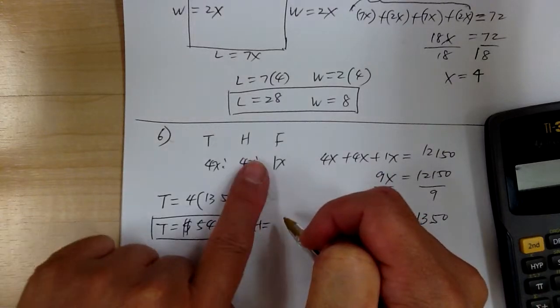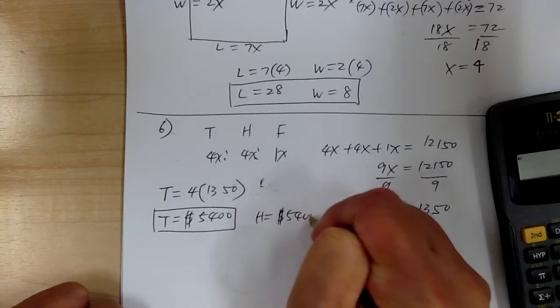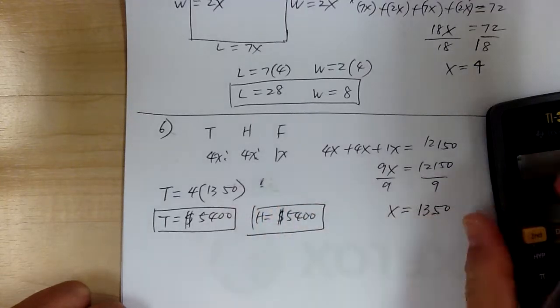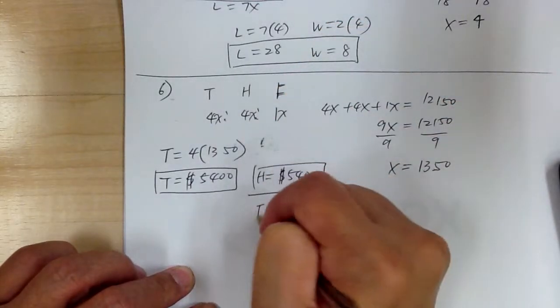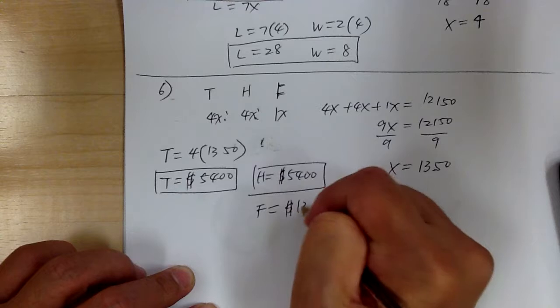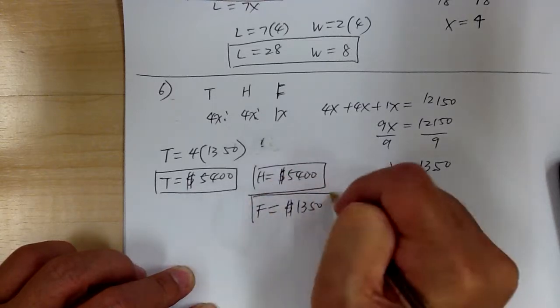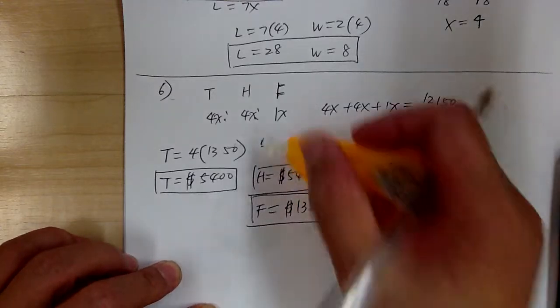So housing would be the same because they're the same, so it would be 5400. And the food would be 1x, so 1 times that would give you 1350.